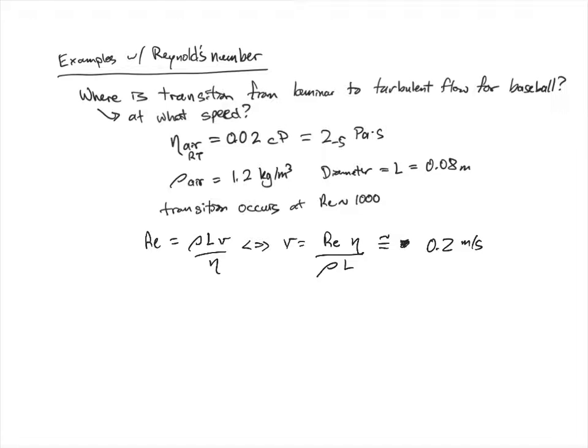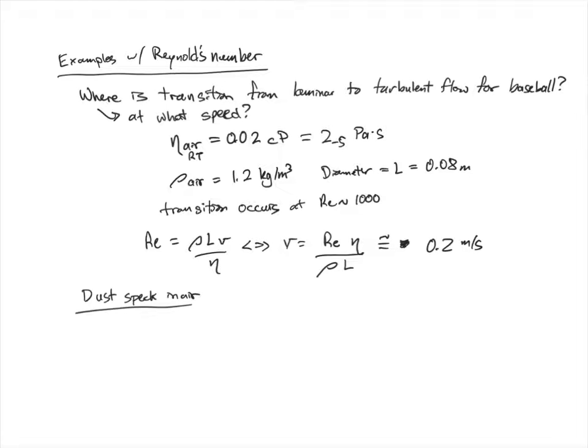Let's do another example. Let's think about a dust speck in the air. I'm sure we've all had the experience of watching little dust specks floating around in the air.